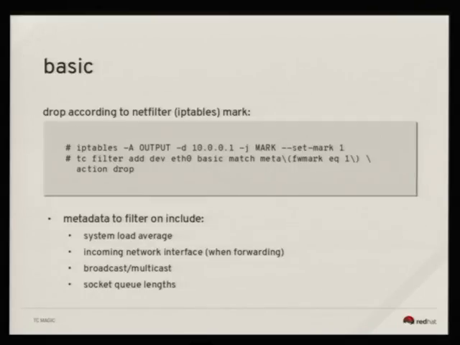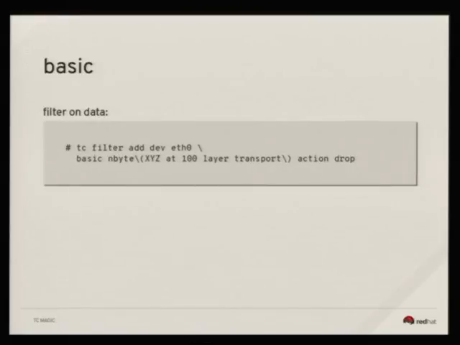So there's other stuff the basic filter can match on, like system load average and network interface, broadcast, multicast, whatever. There's a man page. I said that basic can match also on data. This is starting to get interesting, because now I could, in theory, match probably on some headers, like the IP header and so on.